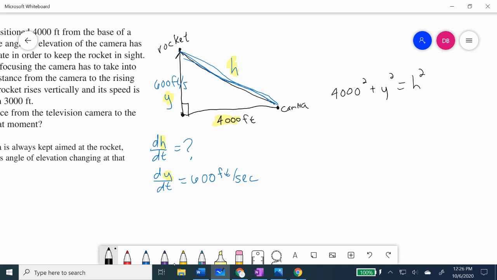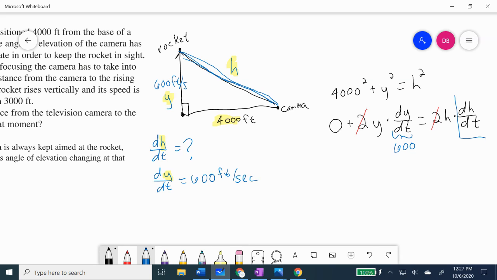Taking the derivative with respect to time, for the constant we get 0. And then 2 y times the derivative of y with respect to time, and 2 h times the derivative of h with respect to time. Save myself a little bit by canceling those 2's, and it's plug and chug time. dy dt is 600.